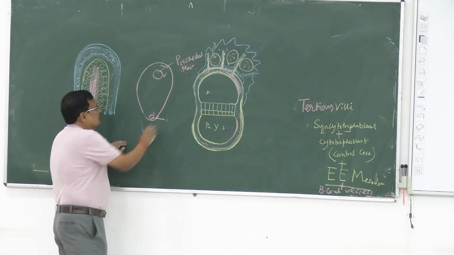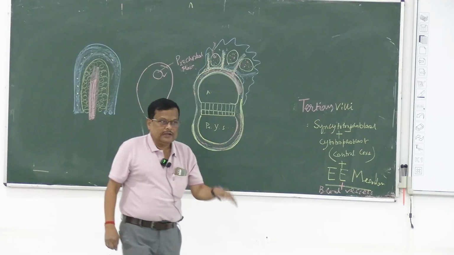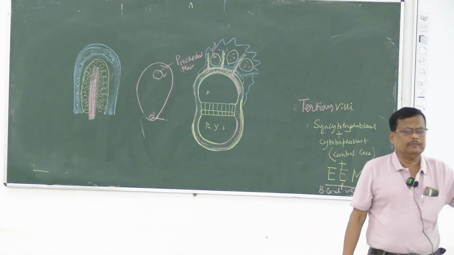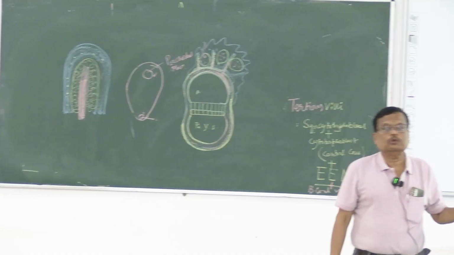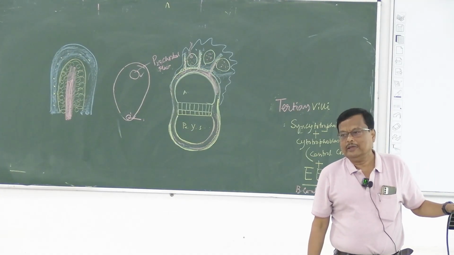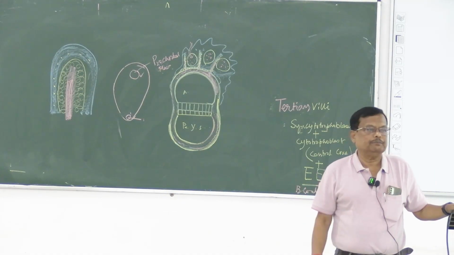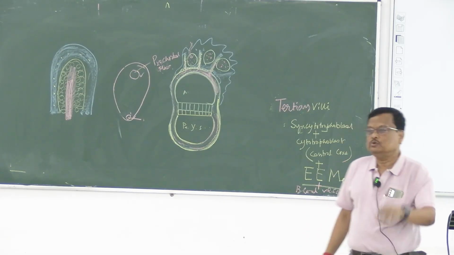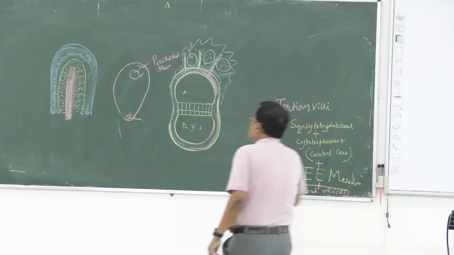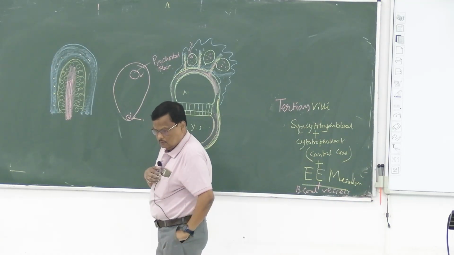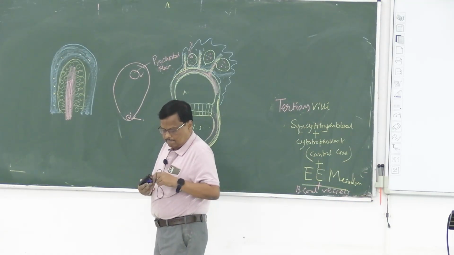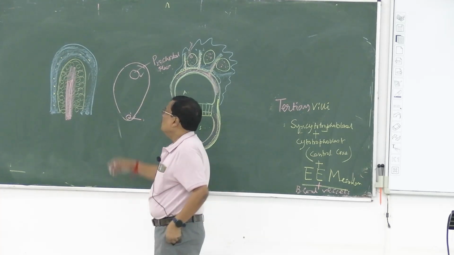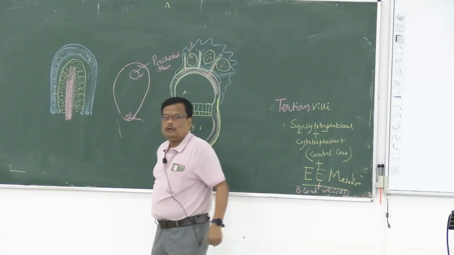And at the tail end, where the hypoblast and epiblast cells are attached strongly together, we call it the cloacal membrane or cloacal plate. And the upper one we call the prochordal plate, where the head will be. Now we understand that it will be the head, it will be the lower region.